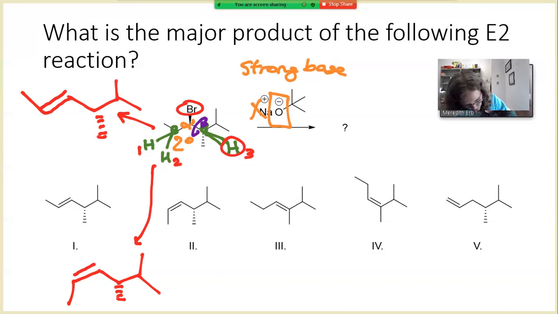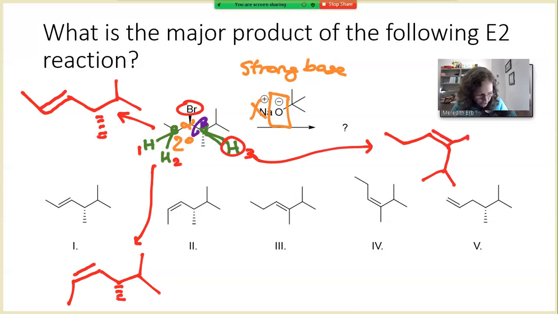So if I'm going to think about the possible product from H3, I'm going to rotate that bond around. And that's going to give us this isopropyl group pointing down. And we are going to form our double bond right here between the original alpha and the original beta.